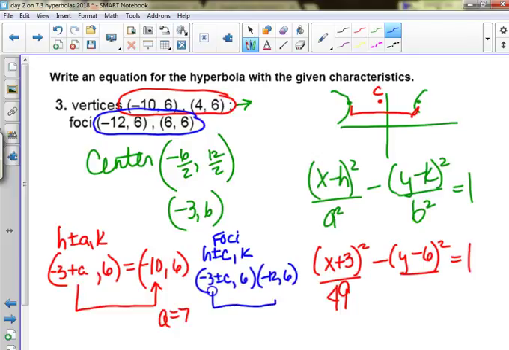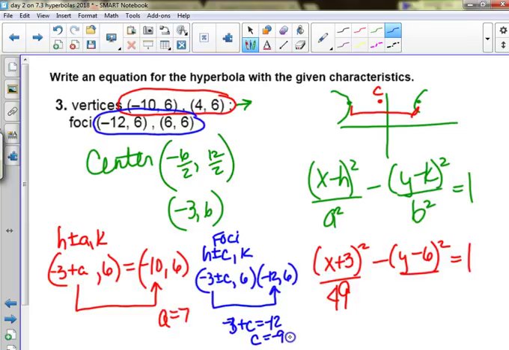How far from -3 to -12, or if we write that down, we get C as -9. Doesn't matter if it's positive or negative, right? It's a distance of 9.